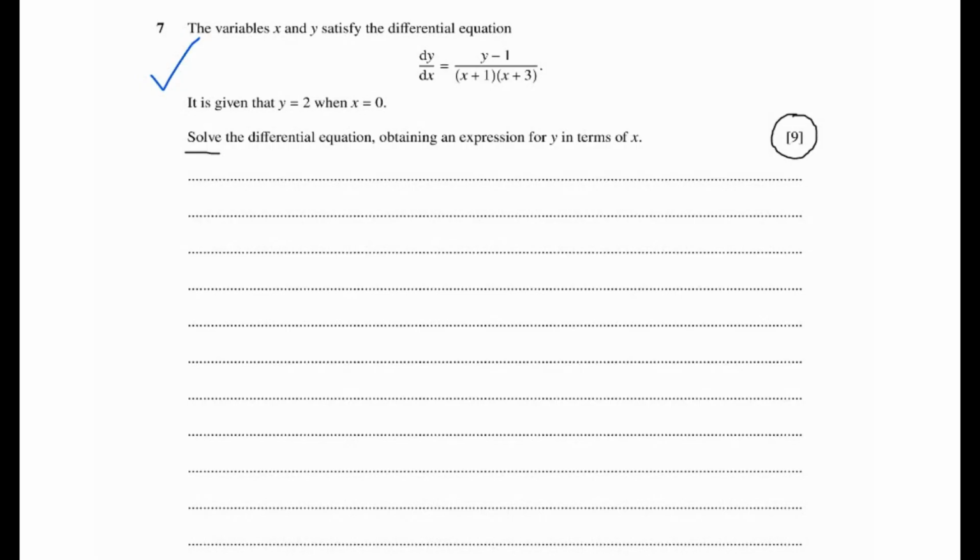Okay, the first step, as always, is to separate the variables. So keeping dy and dx in the denominator on either side of the equation, we get dy by y minus 1 is equal to 1 by x plus 1 times x plus 3 dx. And then we have to integrate both sides.